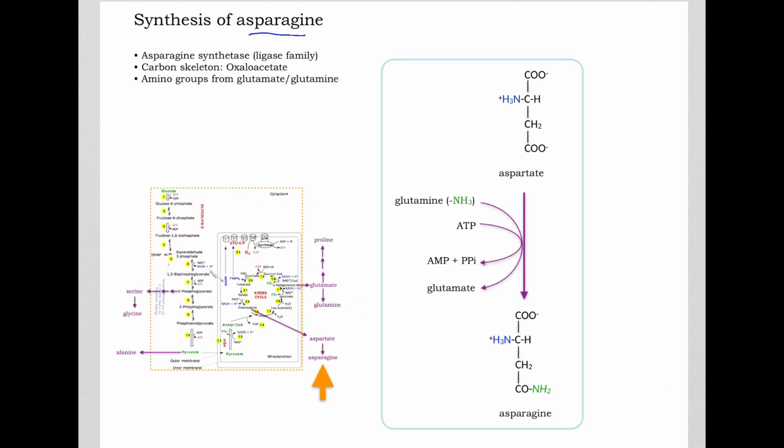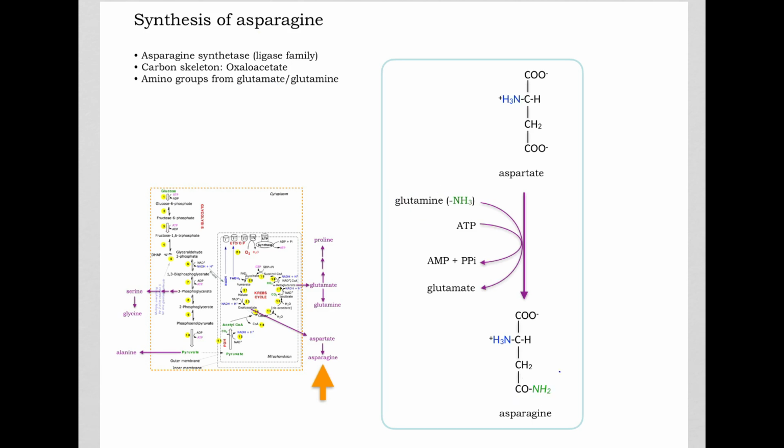Asparagine is made from aspartate. Since aspartate gets its carbon skeleton from oxaloacetate, that's the same for asparagine. The amino group comes from glutamate. The second amino group that forms the amide linkage in asparagine comes from the amino acid glutamine.